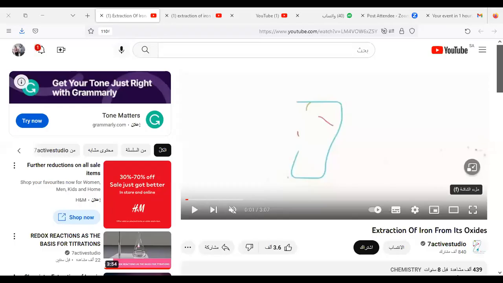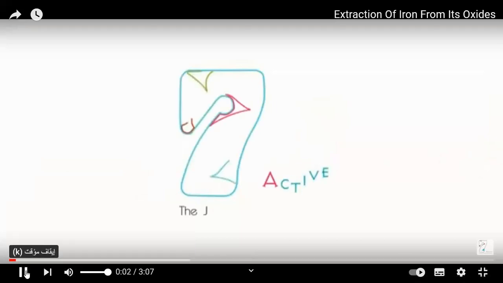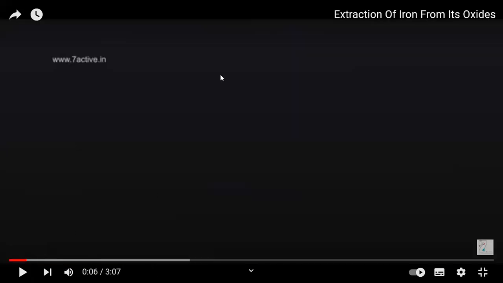Is it okay with you or not? Is it a clear screen? You can see the screen? Yes. Okay. So listen. I think I shared the sound or not. Yes, shared the sound. So why is there no sound?